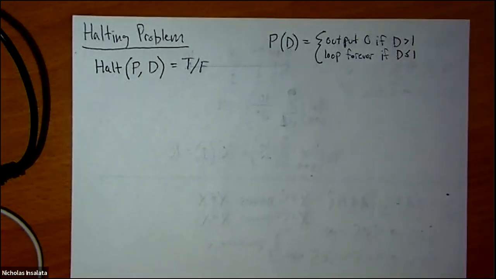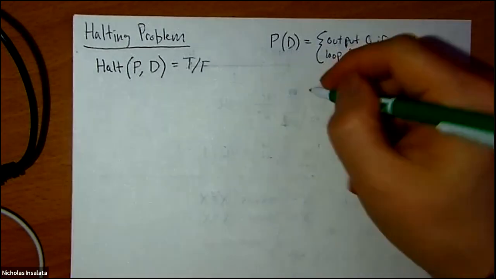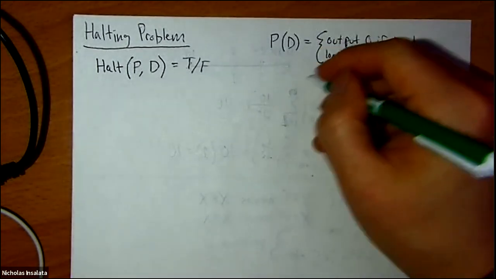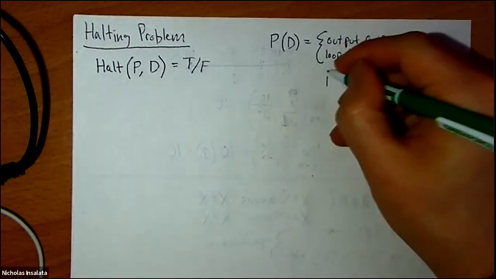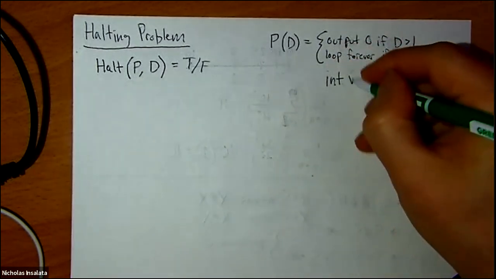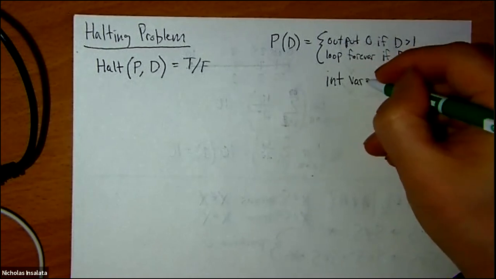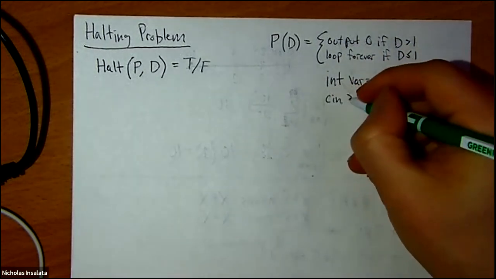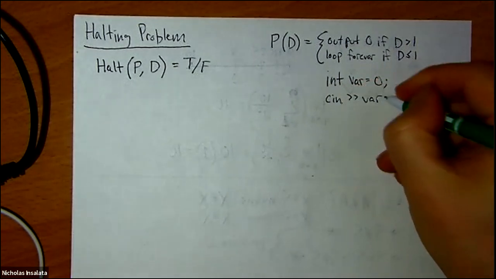And you can imagine a program that did that. What if the program looked like this? We have a while loop, right? And we say, okay, here's my program, int var equals 0. I input into my variable, right?